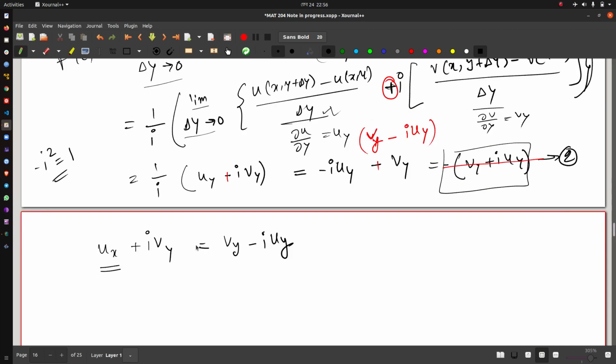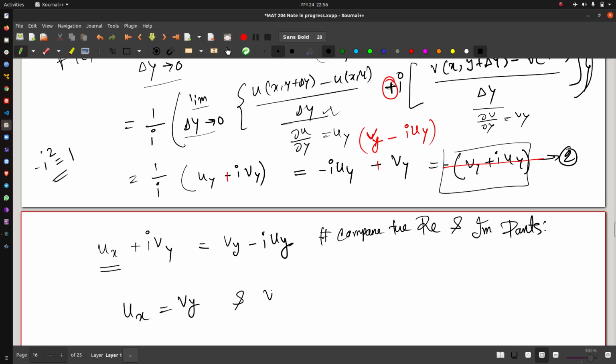And if you compare the real and the imaginary parts now, compare the real and imaginary parts, you'll have Ux equals Vy, and Vx equals... this should be Ux, it shouldn't be Y, it should be X. Sorry, this should be Y and this should be X. Yeah, that was an error, so sorry about that.